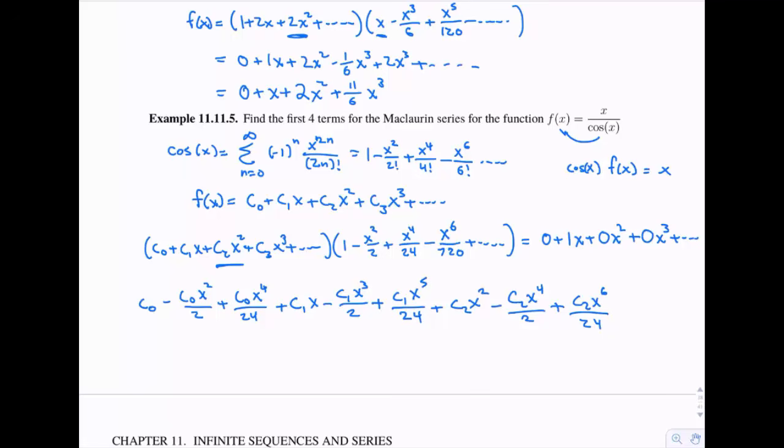I'll get an x to the sixth term here, c sub 2 x to the sixth over 24. And let's do one more of these, my c sub 3 x cubed. So if I was to multiply that by 1, there we are. And let's also multiply it by our negative x squared over 2. So it's going to give me negative c sub 3 x to the fifth over 2.